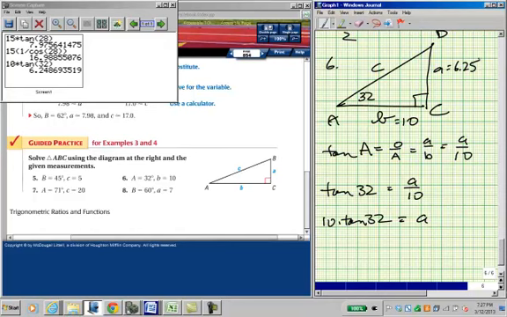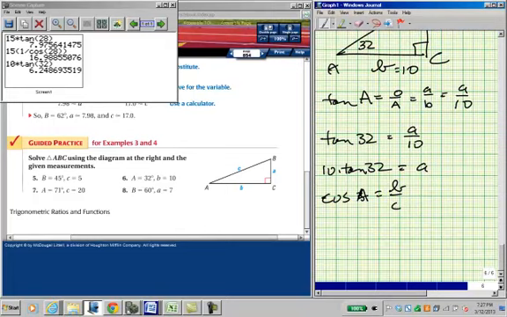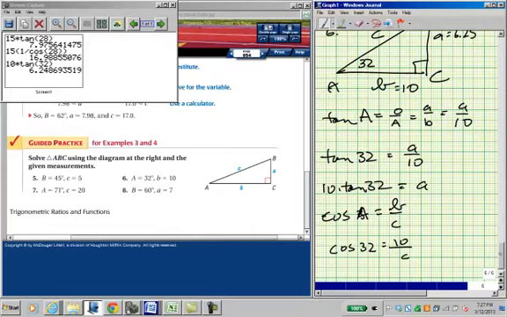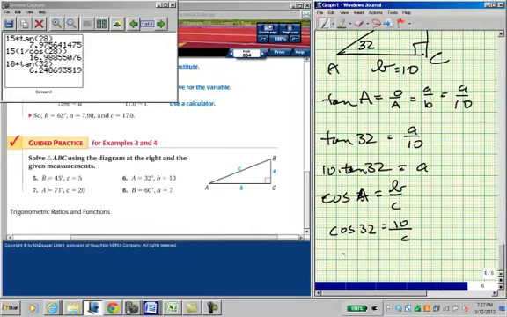Now C, the sine of 32 equals, no, let's do cosine. Let's do the adjacent. The cosine of A equals B over C. So the cosine of 32 is going to equal 10 over C. So C will equal 10 divided by the cosine of 32.